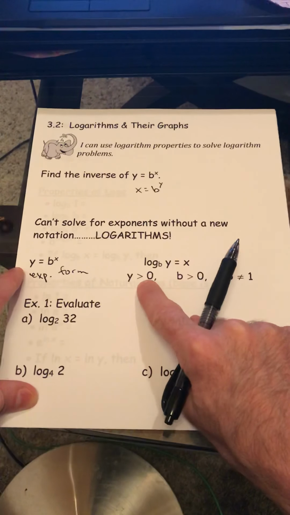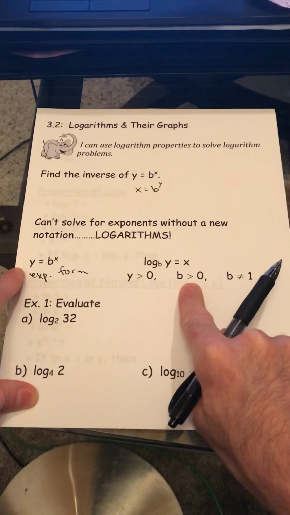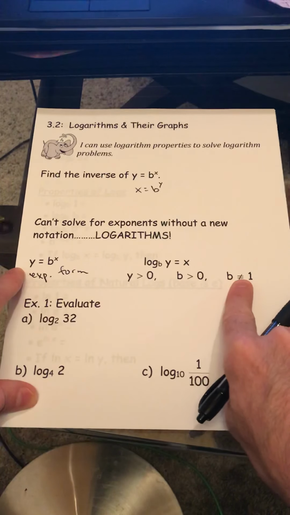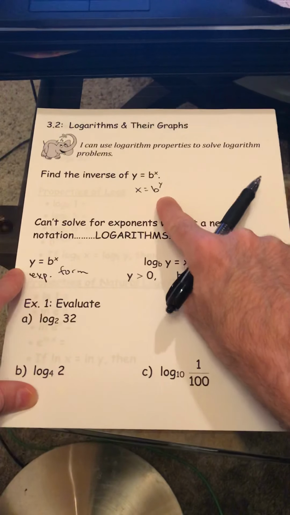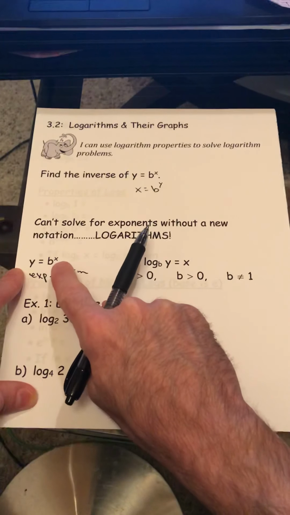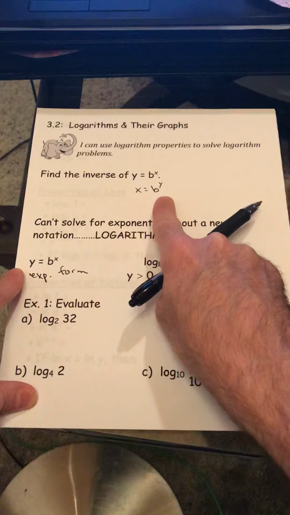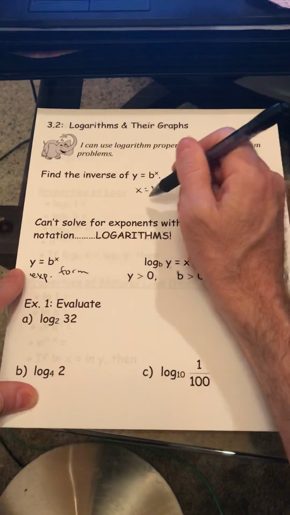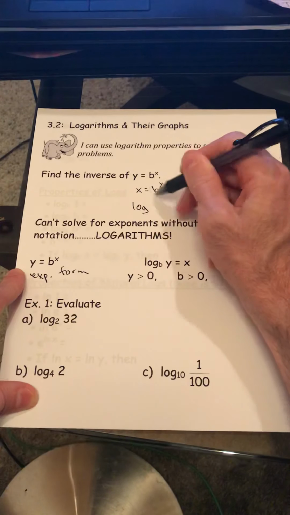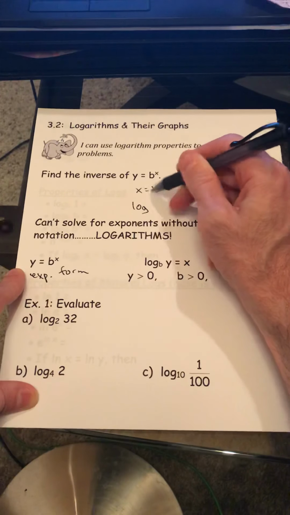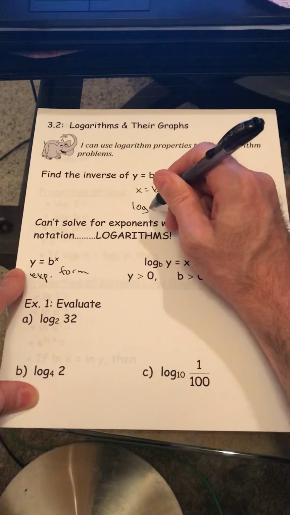Y has to be positive, the base has to be positive, and the base also can't equal 1. So coming back to y equals b to the x, here we have x equals b to the y. When I rewrite this, it's always log, and the base is whatever your base is in the exponential expression.